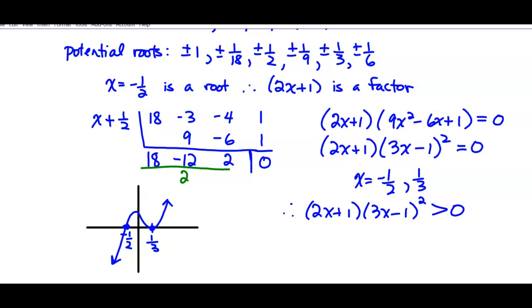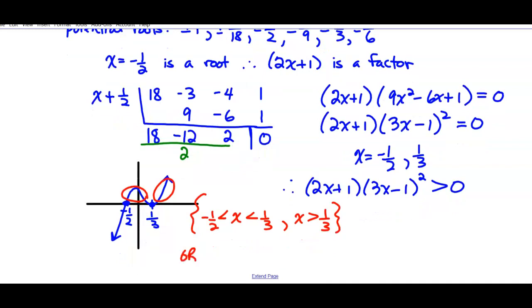So if I'm looking for where that's greater than 0, I cannot include these parts here. So it's this part here and this part here. So it would be x greater than -1/2, less than 1/3, or x greater than 1/3, would be one way of showing it.